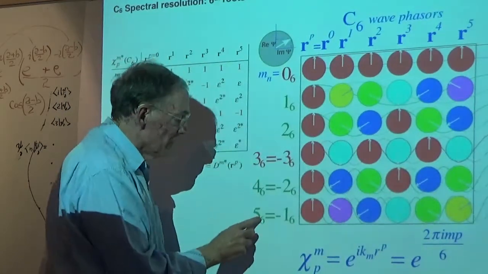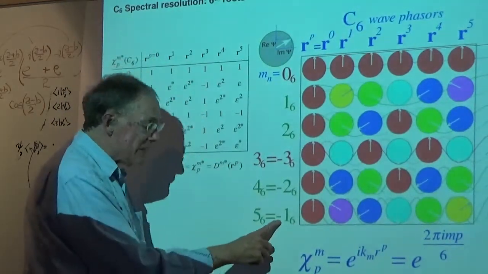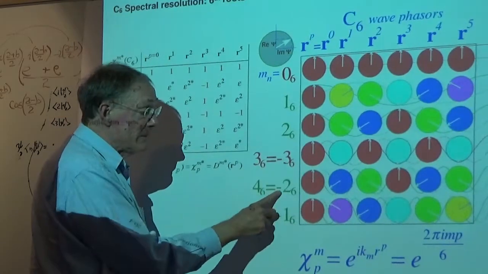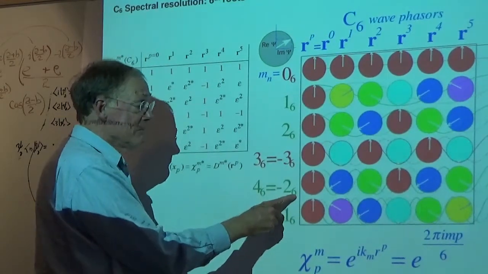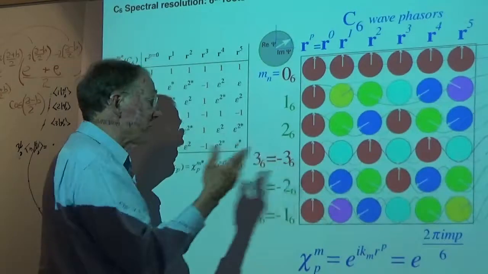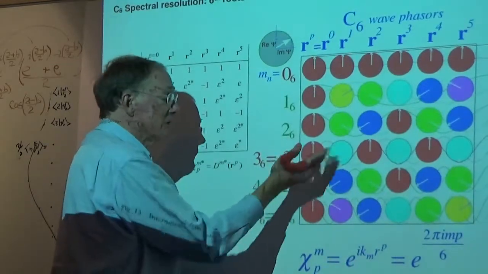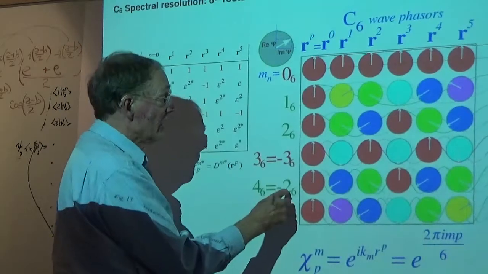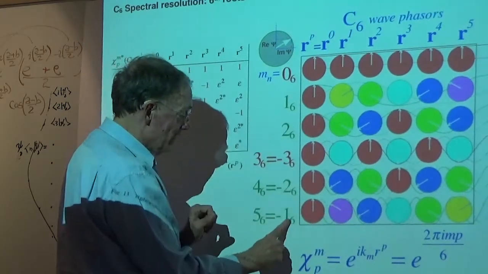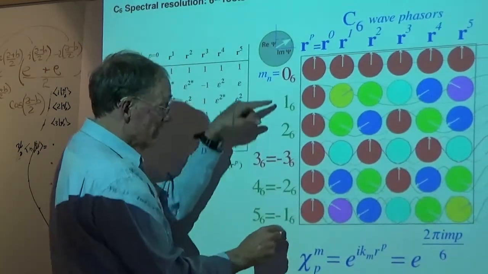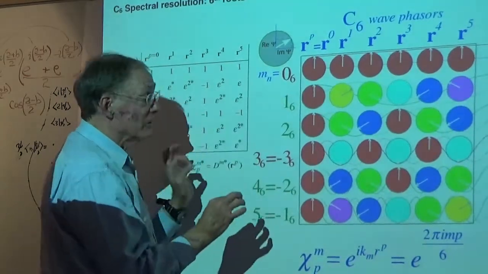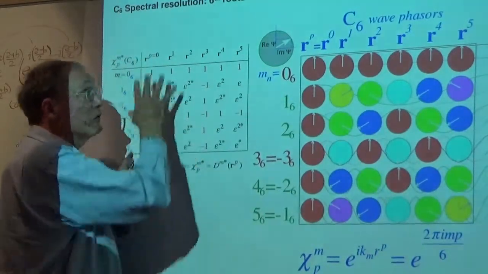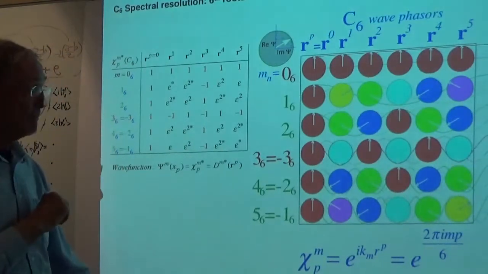This thing right here, 5 mod 6 is the same as minus 1 mod 6. 4 is the same as minus 2 mod 6. And 3 and minus 3 mod 6 are the same. So this one isn't degenerate. These two are. These two guys, 2 and minus 2, and 5 and minus 1, that's this guy and this guy, they're degenerate if I don't make the coefficients of the Hamiltonian complex.